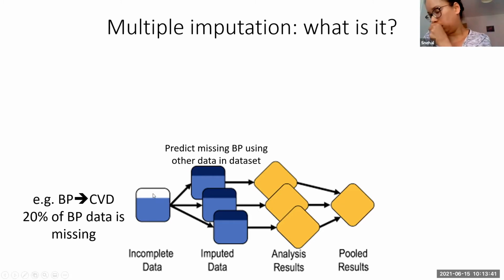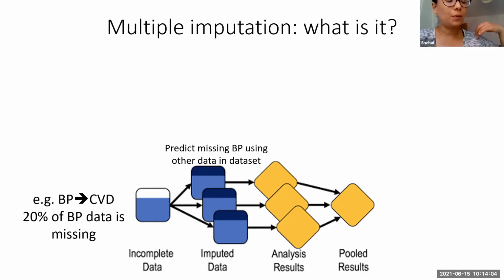So what we do is we predict the missing blood pressure for the people who have missing blood pressure using other data in the data set. We're basically using a series of regressions to predict blood pressure using all other information available in the data set. That's the dark blue in these boxes here.